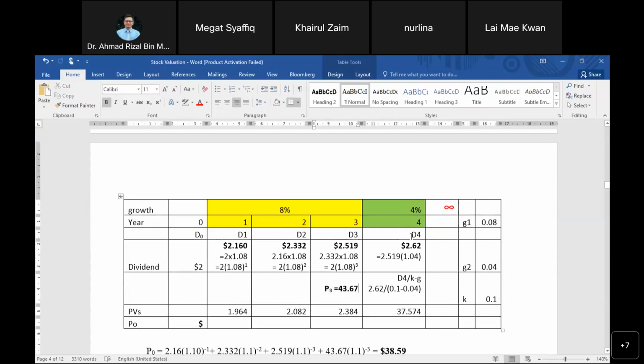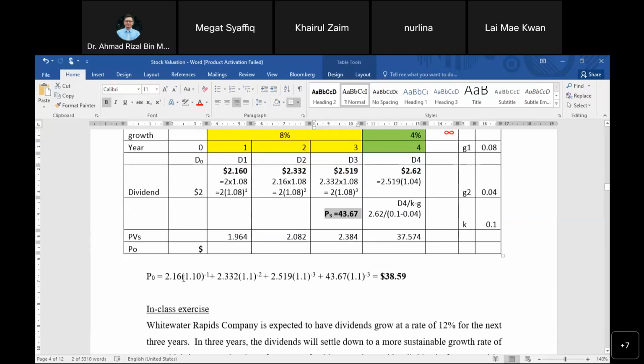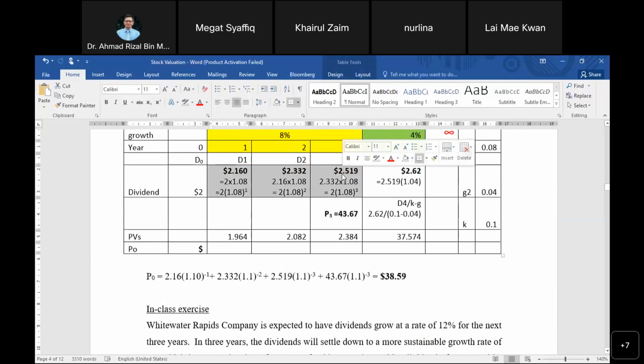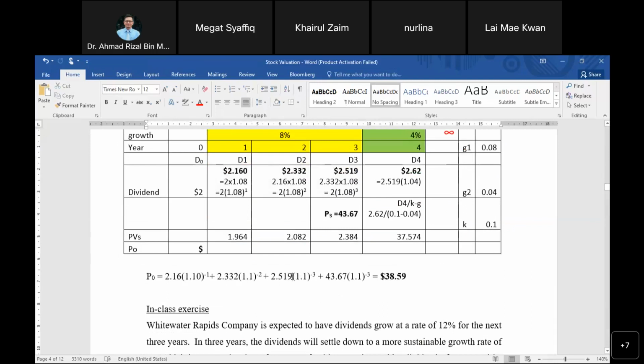The reason we calculate D4 in the timeline is to help us calculate P3. But eventually, when you want to find the present value of the cash flows, you use D1, D2, and D3, because these are the years where dividend has not started to grow at a constant growth rate yet. That's why you present value it one by one like this.